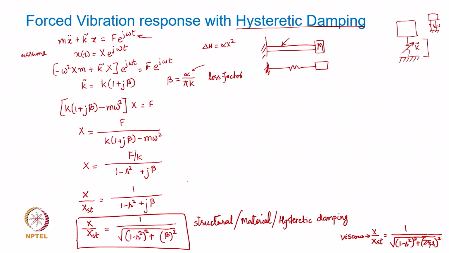Near resonance. So, that is the case where r is close to 1. So, when r is close to 1, both responses, I mean for the structural damping and viscous damping, are identical for beta equal to 2 zeta.